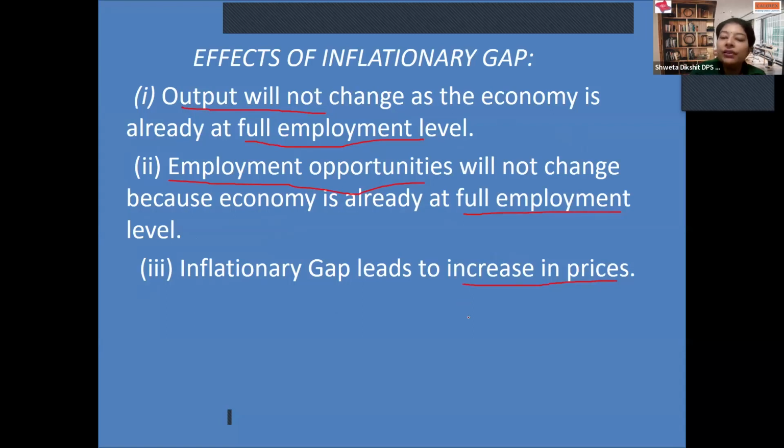There will be an increase in the prices as there is excess demand. And when there is excess demand, there is a shortage of supply, there will be a situation of bargain. And the producer will bargain and will sell the things to those who are ready to pay higher. So there will be an increase in the prices.